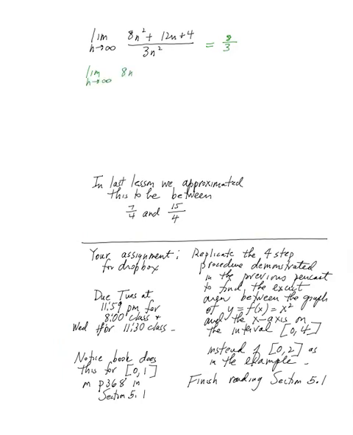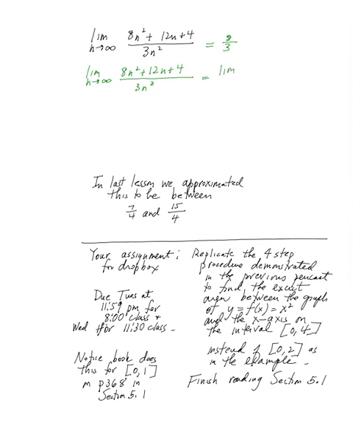we would divide top and bottom by the highest power of n. That's in the denominator. You always want to divide by the highest power of n in the denominator. That would be n squared.